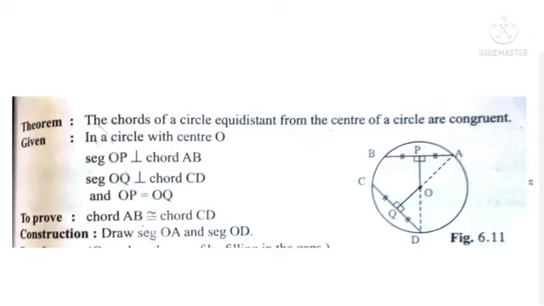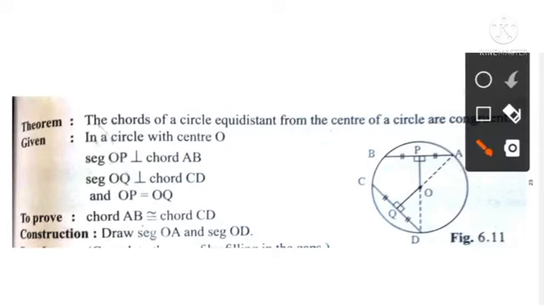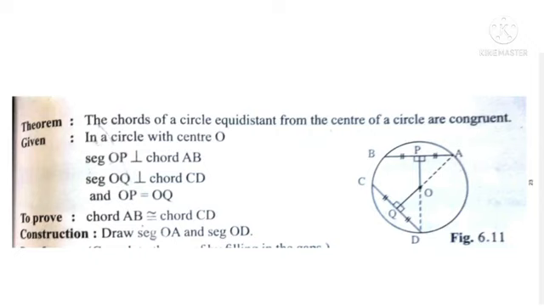And converse of this is, what is the converse of this? The chords of a circle equidistant from the center of the circle are congruent. The converse of this statement.